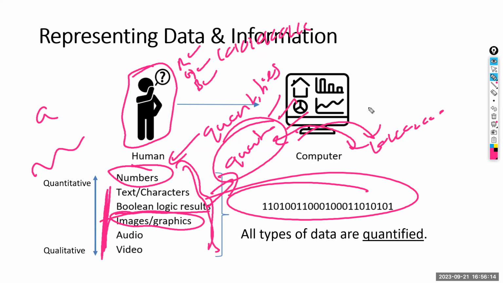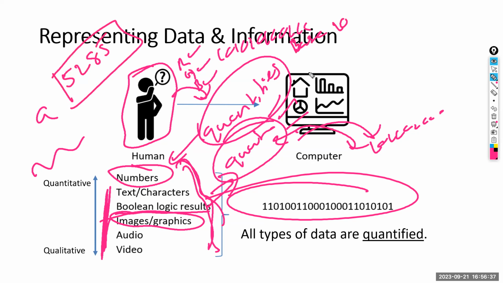Okay. So now there is an interesting question you must have. What is the question that must come to your mind? In a computer, we quantify everything. As humans, we are comfortable with base 10, for example 5,285. This is base 10. But in a computer, we don't use base 10, rather we use base 2. So that is how we ended up with a set of ones and zeros. We convert that quantity to a binary quantity.